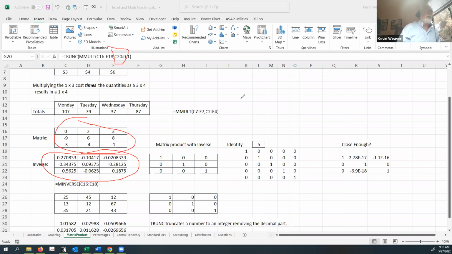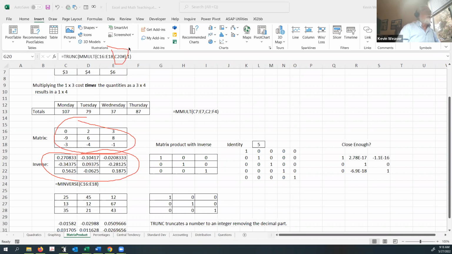So I don't need to write C20 colon E22, which is that range. In fact, if I did, Excel would correct me and quite politely point out that the formula is really in C20 and it was dynamic. And so it really could be abbreviated as C20 hash mark. And it does the calculation.